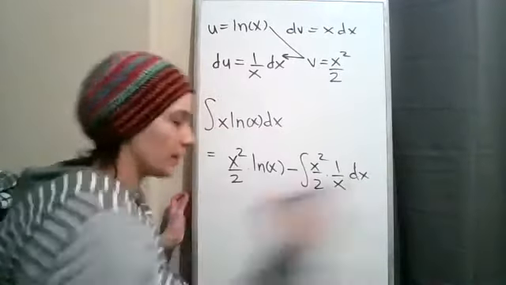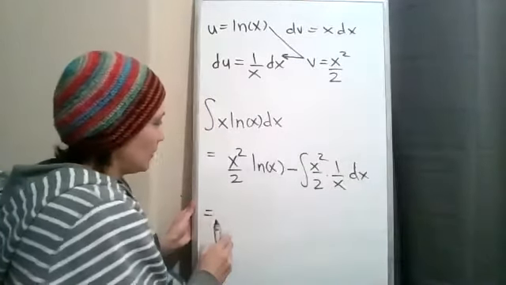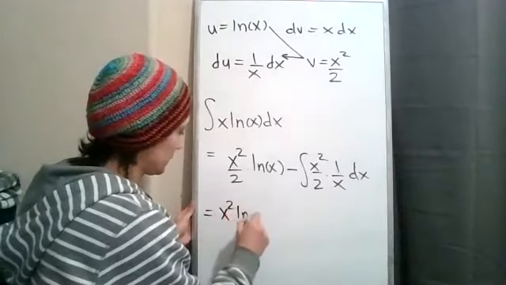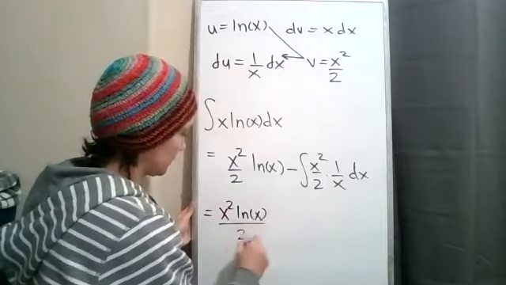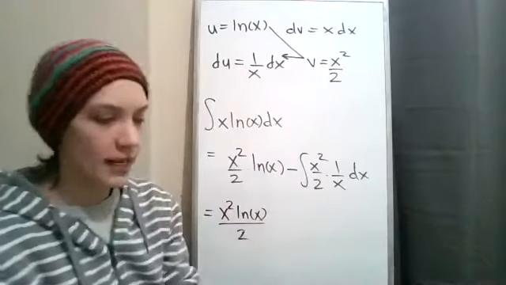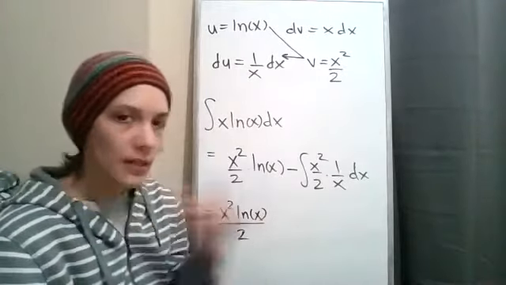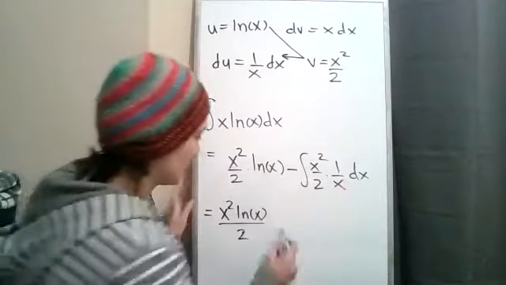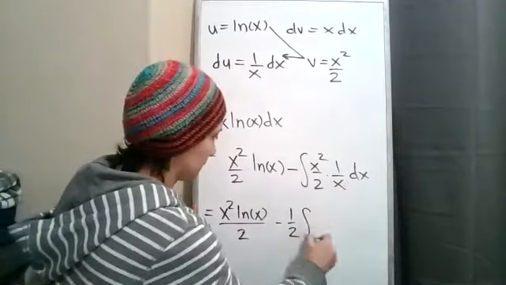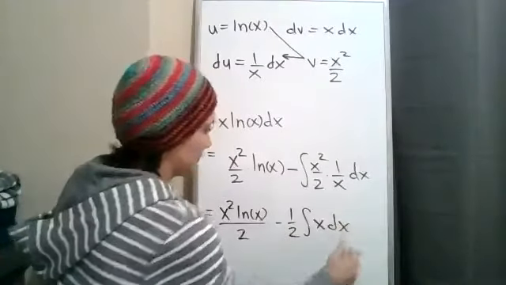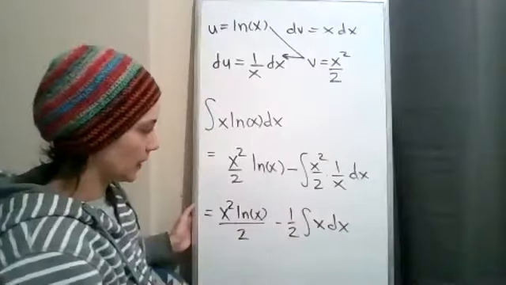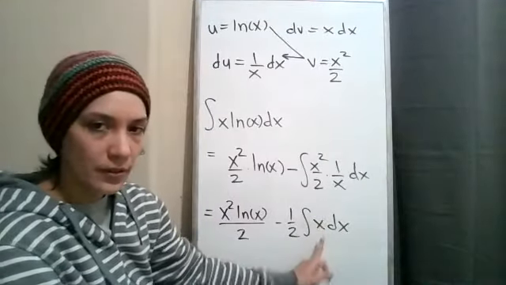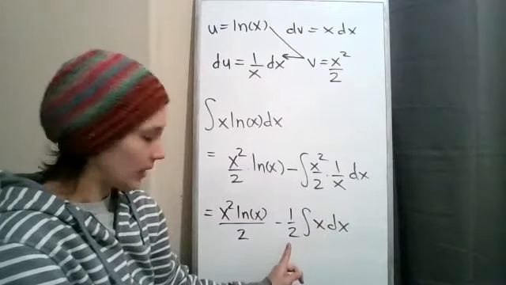I'm at x squared ln of x over 2, subtract 1/2 the integral of x dx. So this integral will give you x squared over 2, and then multiply with the 1/2.